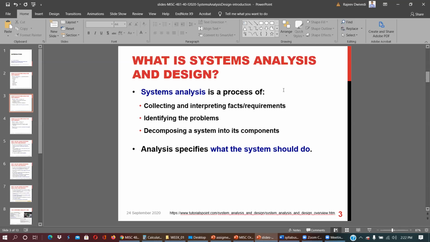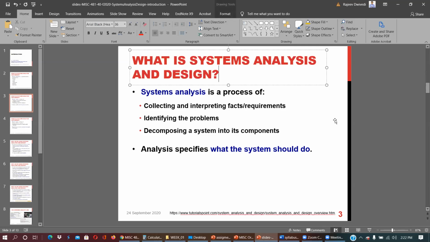What is that? Windows or any software is a system, and continuously you find some drawbacks, problems, bugs and issues, and continuously you try to modify, solve those issues and maintain the system.